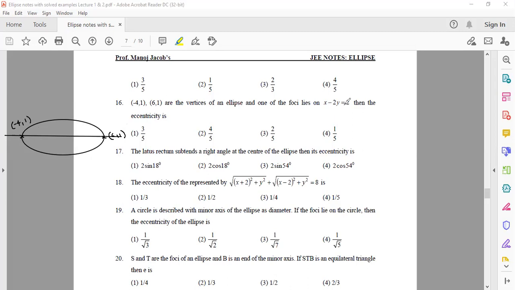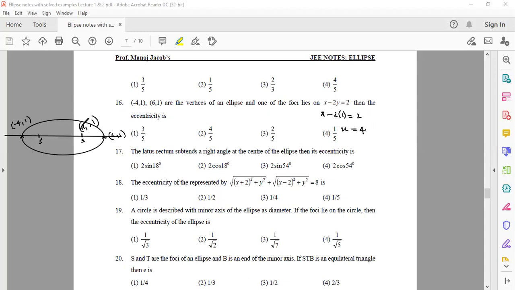Can you tell me what will be the foci's coordinates? It will be (x1,1) and (x2,1), because the axis is y equal to 1. If I put y as 1, I'll get the x value.